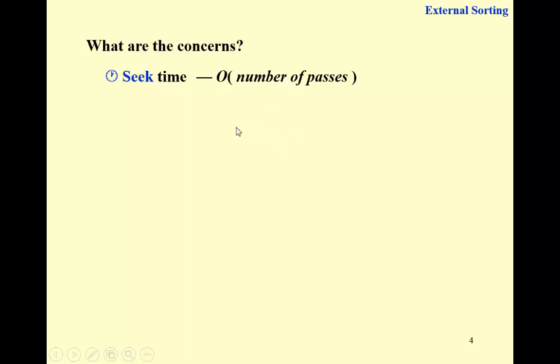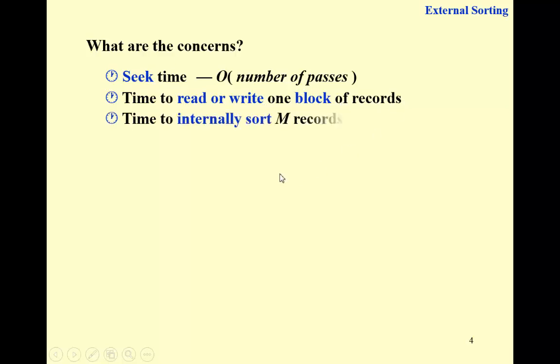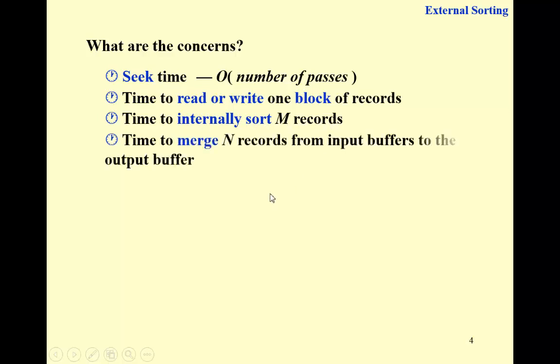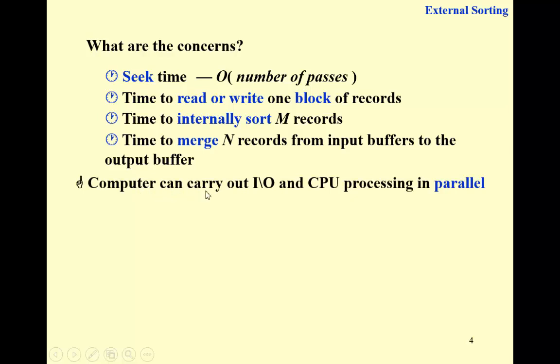All right. And we're also concerned with the time to read or write one block of records, the time to internally sort m records, and the time to merge n records from input buffers to the output buffer. Here, the good news is that the computer can carry out input, output, and CPU processing in parallel.